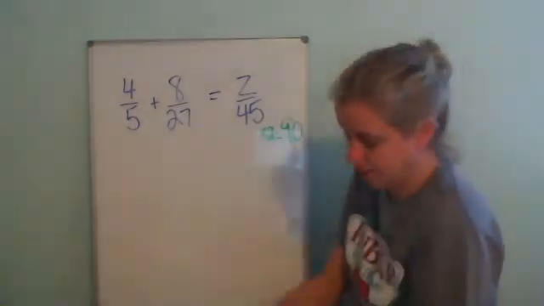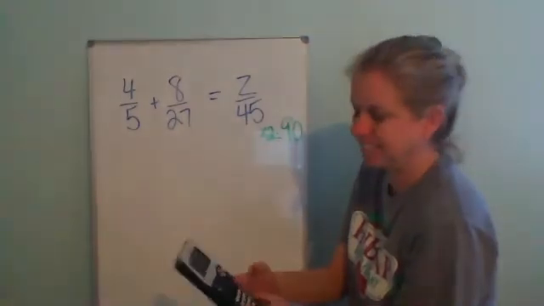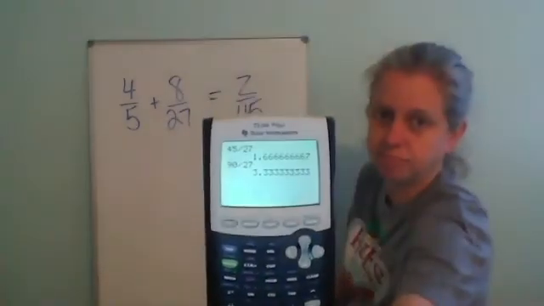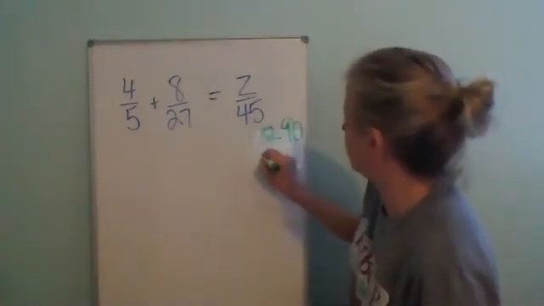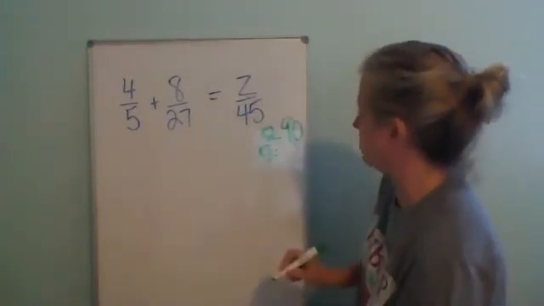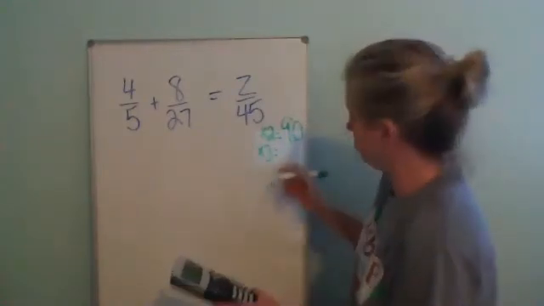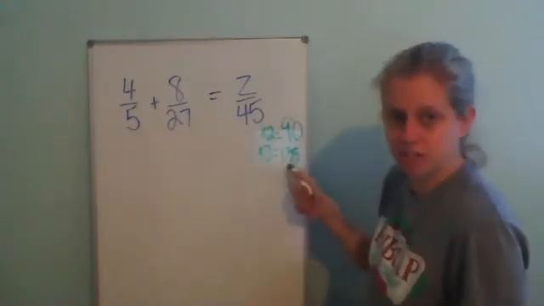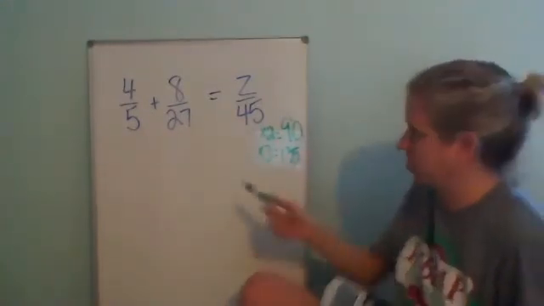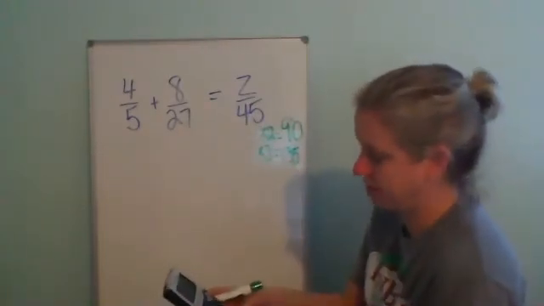Let's see, does 27 go into 90? So 90 divided by 27, it does not. So I'm still not there. I need to find the next thing that 45 goes into. So 45 times 3 gives me 135. So I know 5 goes into it since it ends in 5. Let's see. Will 135 divide by 27?